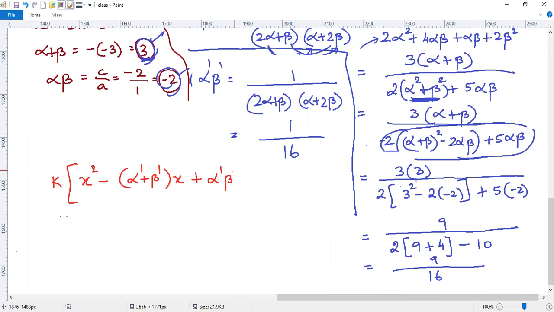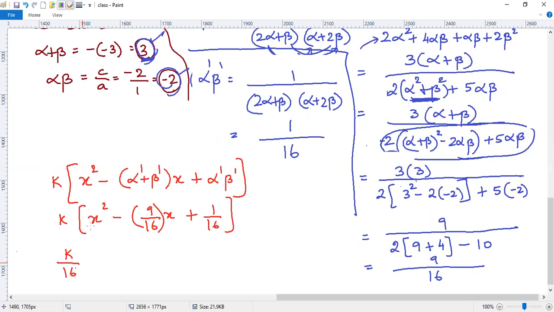So k times of x squared minus 9 by 16 x plus 1 by 16. So if you take the LCM, 16 will be the LCM. So if we take k by 16 outside, when the LCM comes, x squared will become 16x squared minus 9x plus 1. So this will be our quadratic equation.